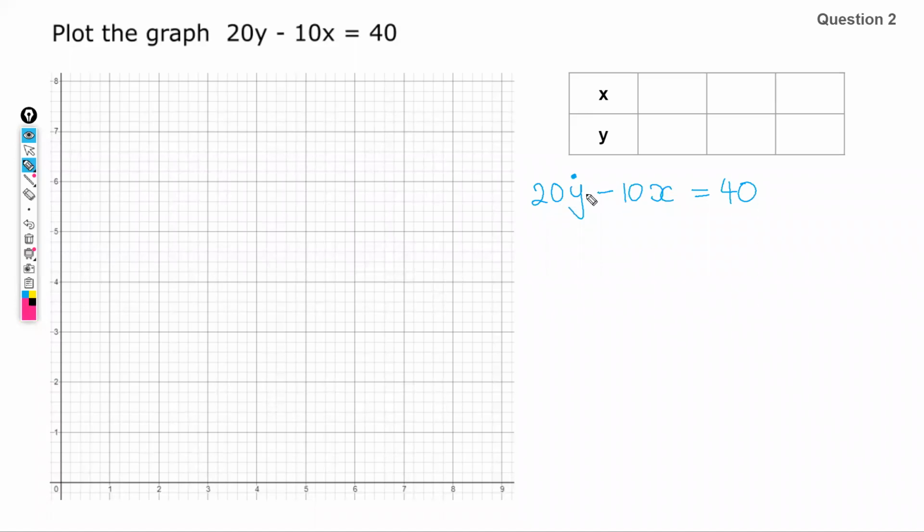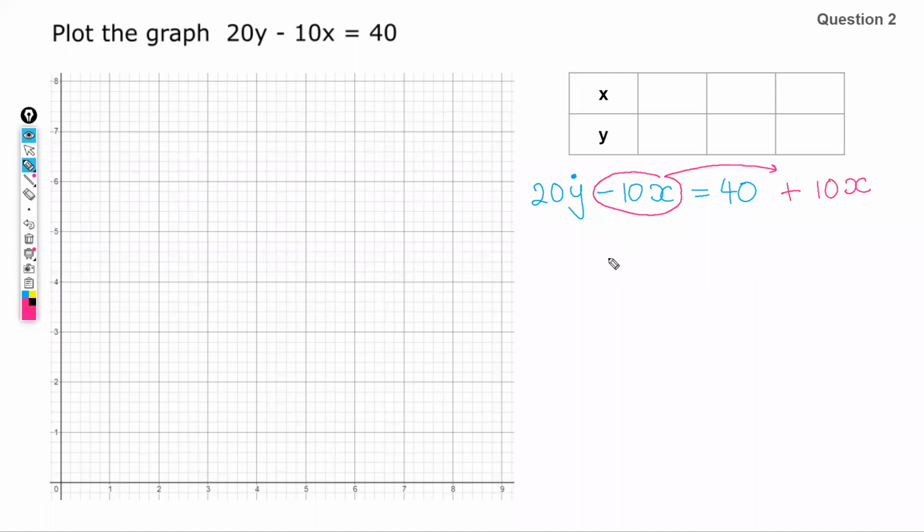So I want you all to help me make y the subject here. Who are we going to throw across first, the 20 or the minus 10x? Because we want to keep y on one side. See if you could refresh your memory on all the tutorials you did for homework in September, like when you're making x or y the subject. And you all are correct. The first person you're going to throw across is the minus 10x. When you throw across minus 10x, you're going to get positive 10x.